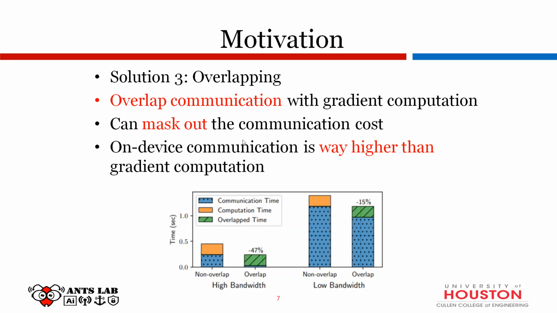But if we are in a low bandwidth environment, that means the communication time is way higher. So even if you do the overlap, the overall performance is limited, which is the limitation of overlapping.